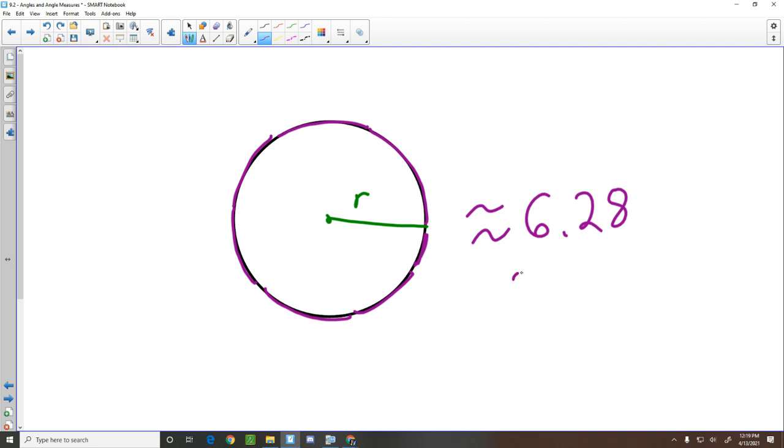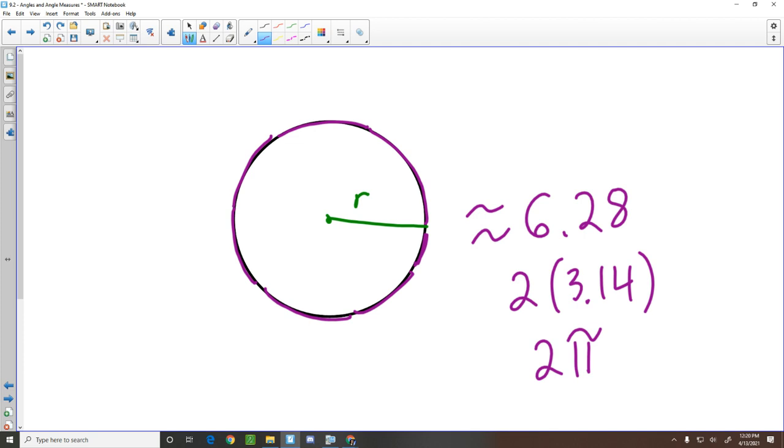This is 2 times 3.14. Or more accurately, this is exactly 2 pi. What? So they learned that it is exactly 2 pi radiuses around a circle.